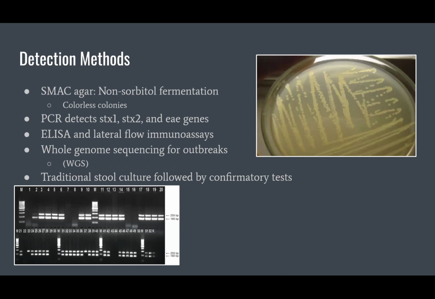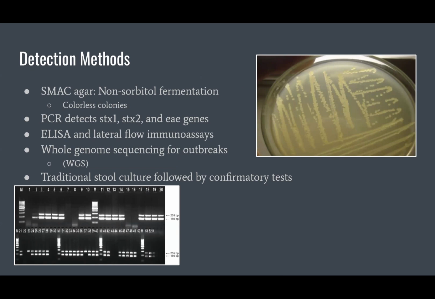Detection of E. coli O157:H7 combines traditional microbiological techniques with advanced molecular tools. A common method is culturing stool samples on sorbitol MacConkey agar, or SMAC agar, where E. coli O157:H7 forms colorless colonies due to its inability to ferment sorbitol.